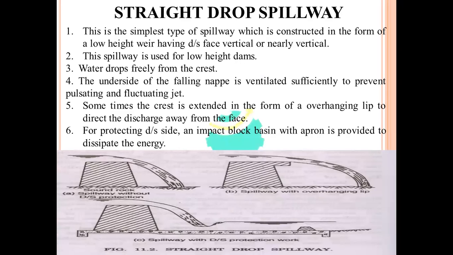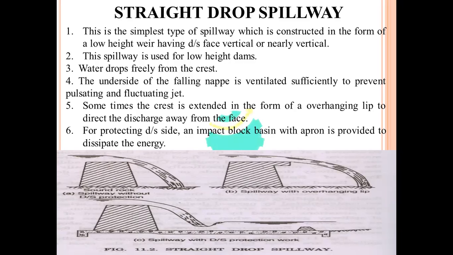Next, the first type of spillway: straight drop spillways. This is the simplest type of spillway, which is constructed in the form of a low height weir having a downstream face vertical or nearly vertical. This straight drop spillway is very easy to construct.